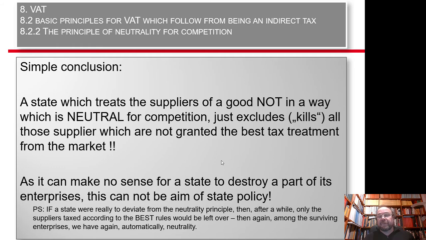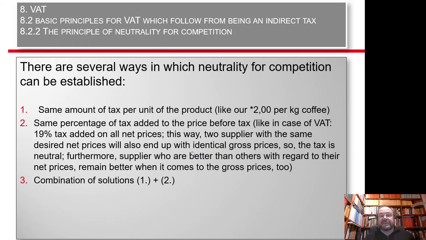If you deviate from the principle, after a while, only the best category of suppliers will survive, so only the category which is taxed in the best way, and so you end up with neutrality again. The price which you pay for the deviation is only that you remove some jobs and kill off some businesses. In the long run, the system can't work without neutrality.